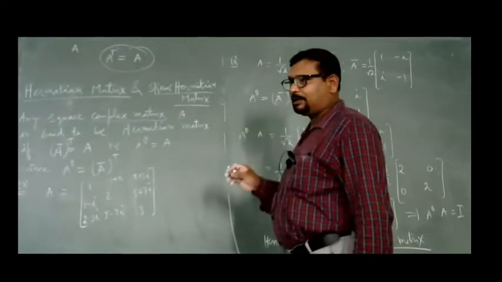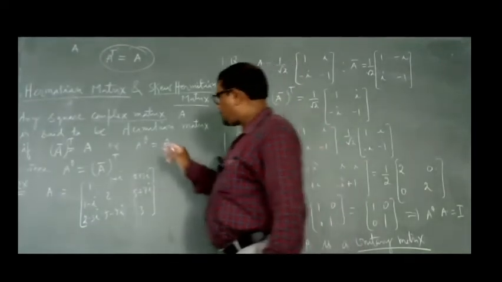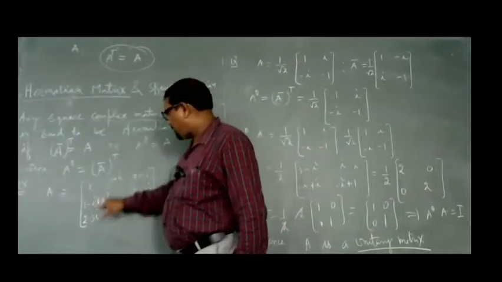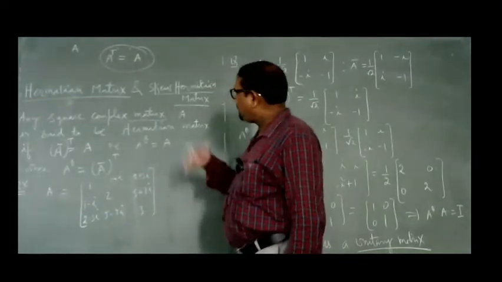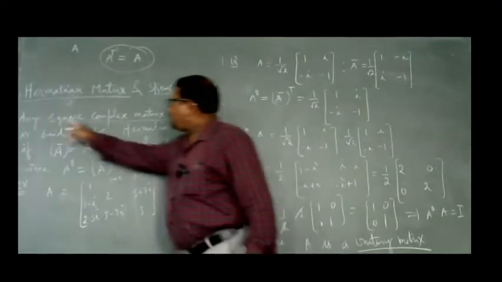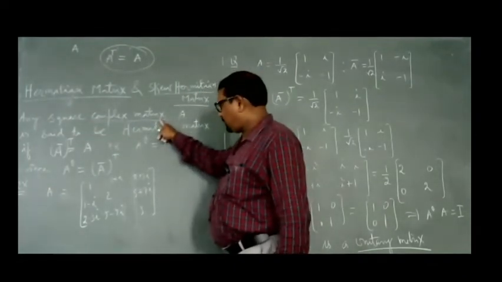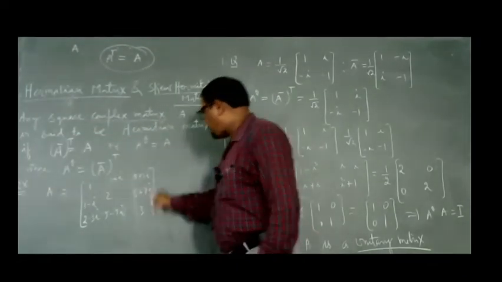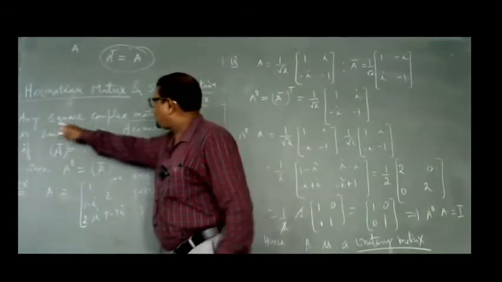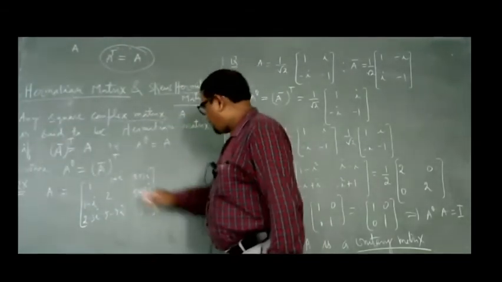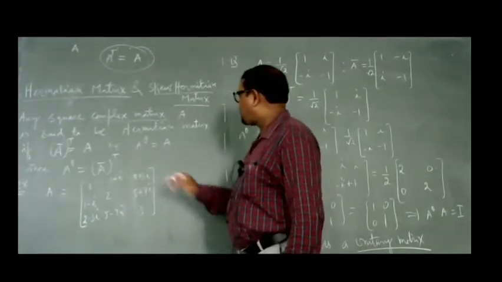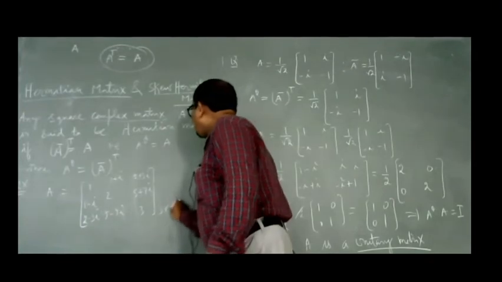Then, first, whether you want to show this matrix is Hermitian matrix or not, let me come to the definition of Hermitian matrix. A is a square complex matrix. Here all the entries are complex numbers, so it is a complex matrix. Look at it is square because the number of rows and number of columns are the same, that is 3 cross 3.